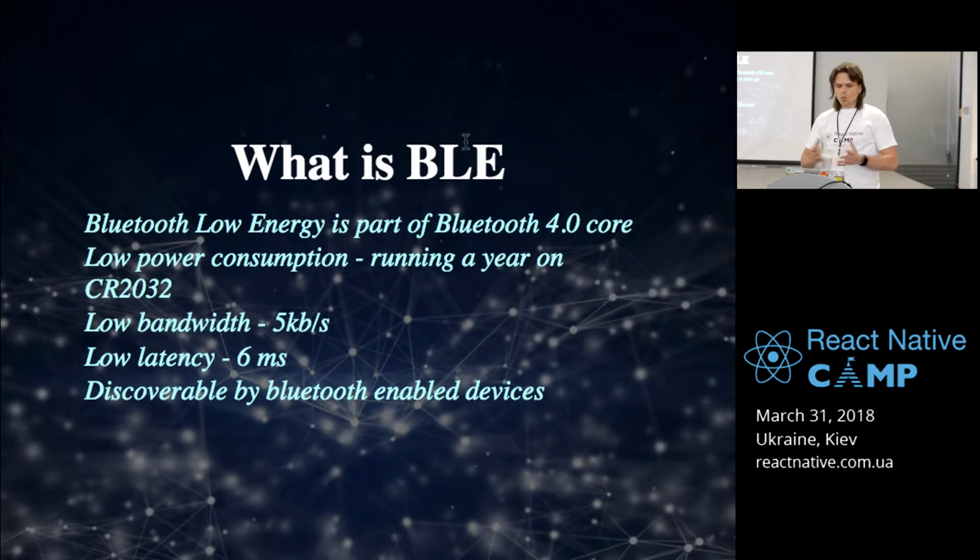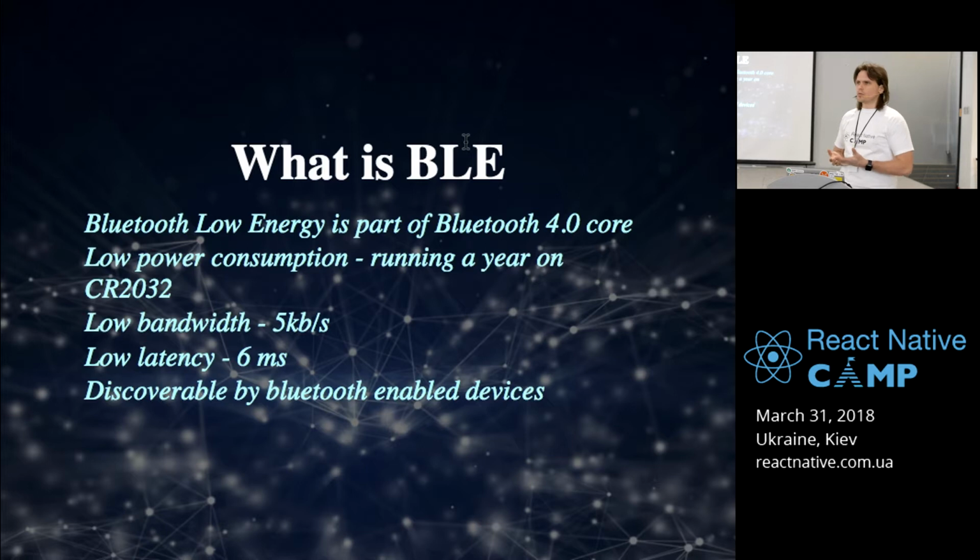So, what is BLE in general? We have Bluetooth 5 already out. In our devices, we have Bluetooth 4. Even in low-end Android phones, we have Bluetooth 4. And most of the things that we know of right now, like fitness trackers, smartwatches, this kind of stuff, even several types of headphones work with Bluetooth Low Energy.